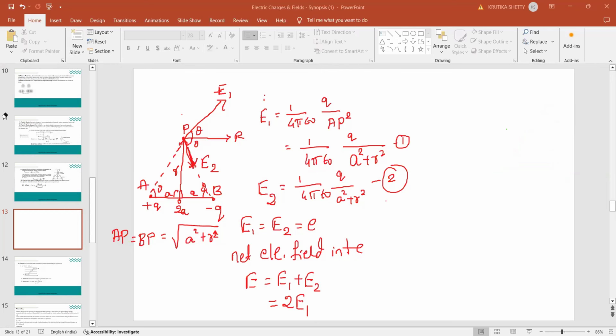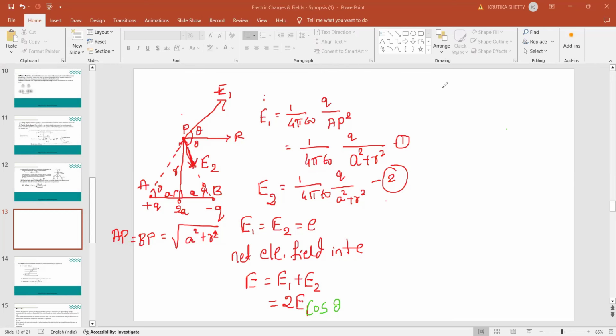So whatever the resultant field intensity you are writing, you can write it as 2E cos theta. Why is it cos theta? Because the sin components cancel, sorry, it is not along the x-axis, it is along the y-axis. Yes, okay. So this is 2E cos theta.